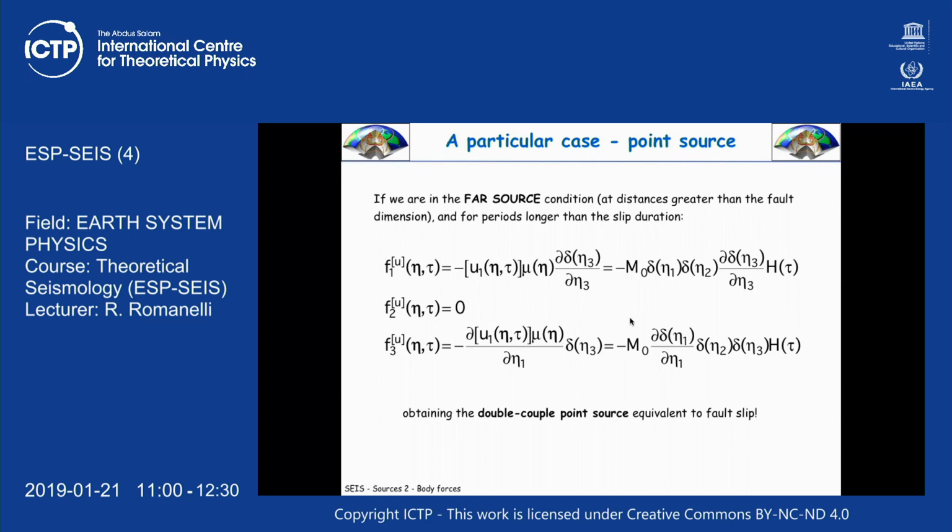Now we see the source as a point, we can compute the integral over the fault, we squeeze everything in a point, all of them become this. And what is this? Well, this is a force acting in X with an arm in Z, and this is a force acting in Z with an arm in X. So it's a double couple. And as you can see here, actually, the total moment will be null, and the total resultant will be null.